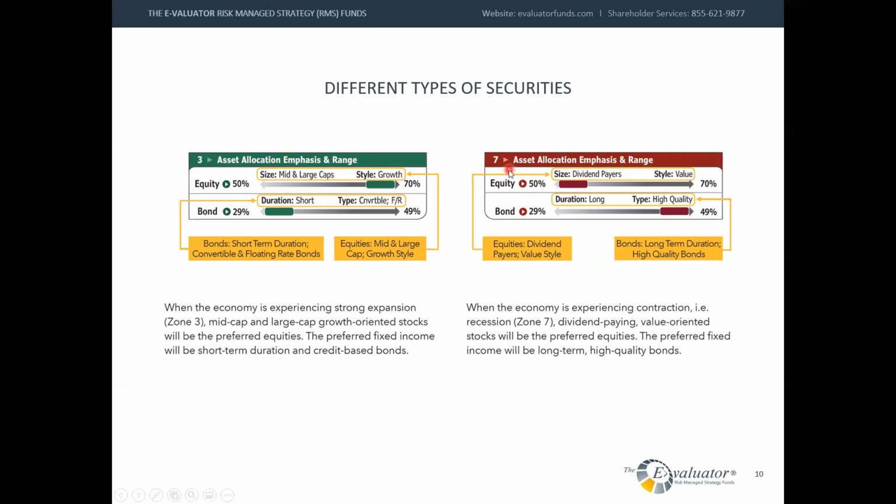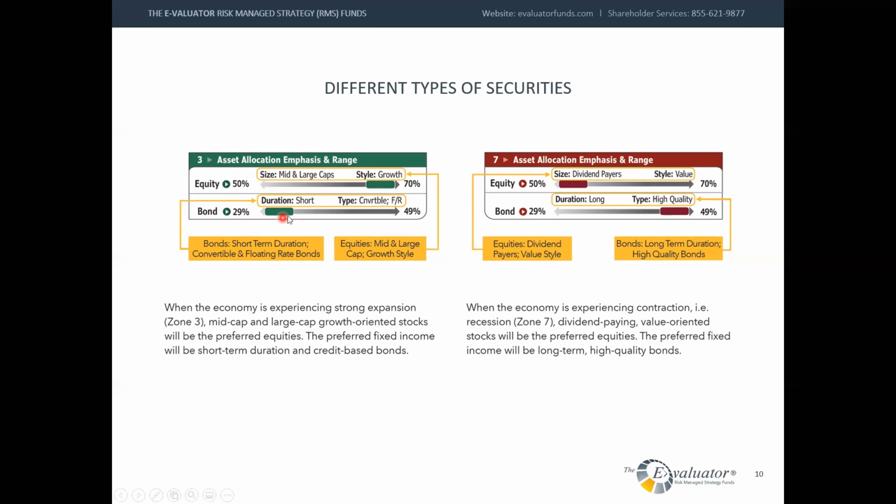Contrast that to zone 7 when the stock market's going down. Here we'd be looking for dividend-paying stocks and look at moving into them based on a value approach, meaning they're trading at an attractive value relative to what we feel the company is worth.